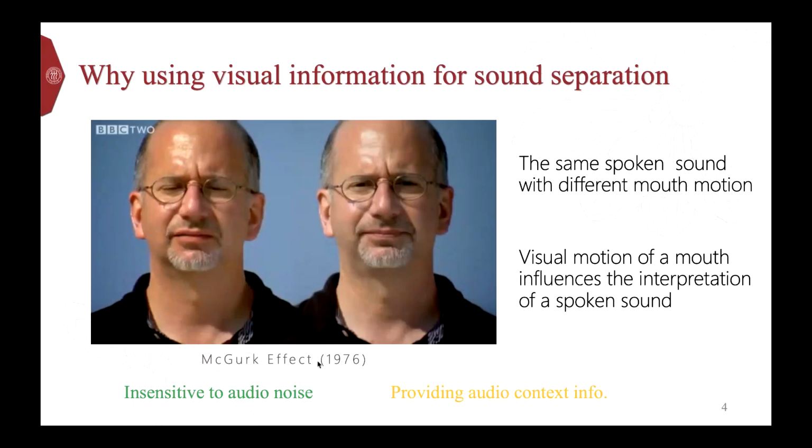So under this observation, we think that if we import the visual information, maybe we can improve the sound separation result, because visual information is insensitive to audio noise, and also, as the video shows, the visual information provides audio context info for interpreting the sound. So that's why we use visual information for sound separation.